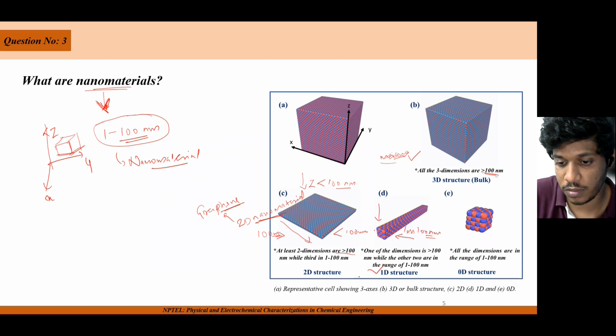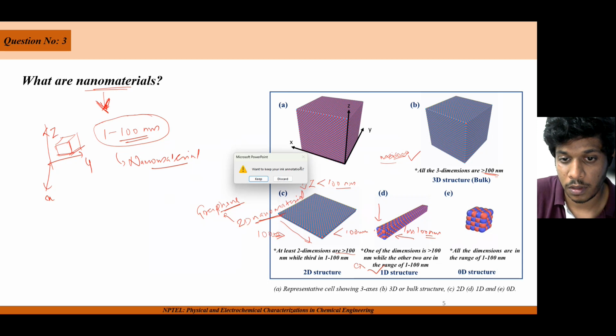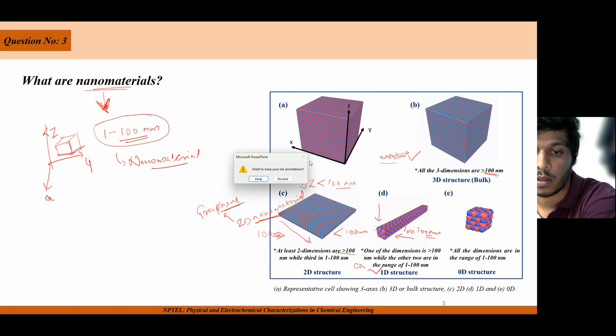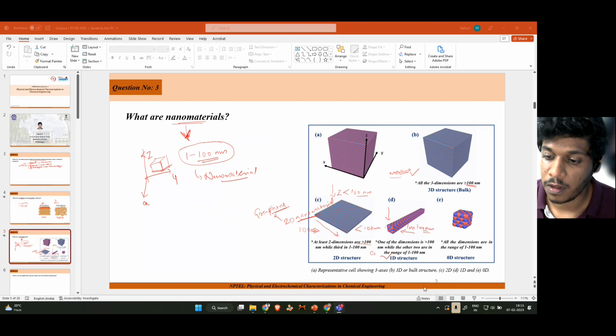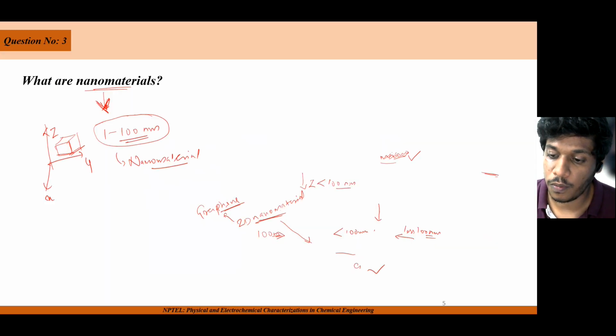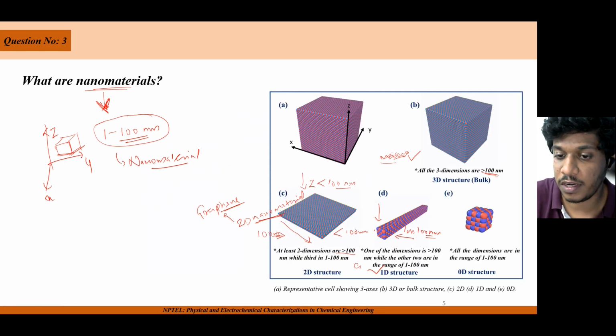An example for a carbon 1D material is carbon nanotubes.